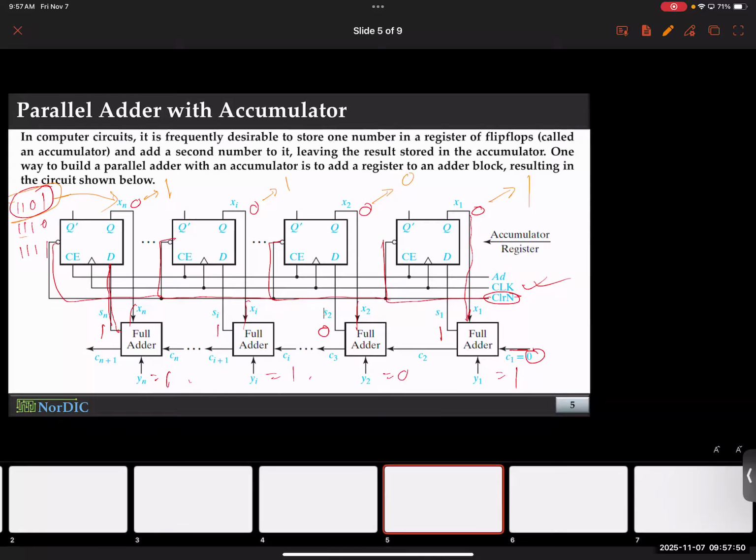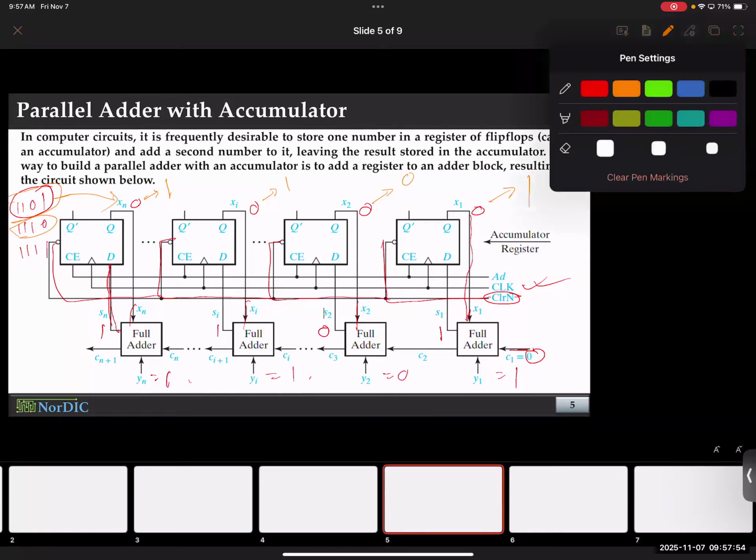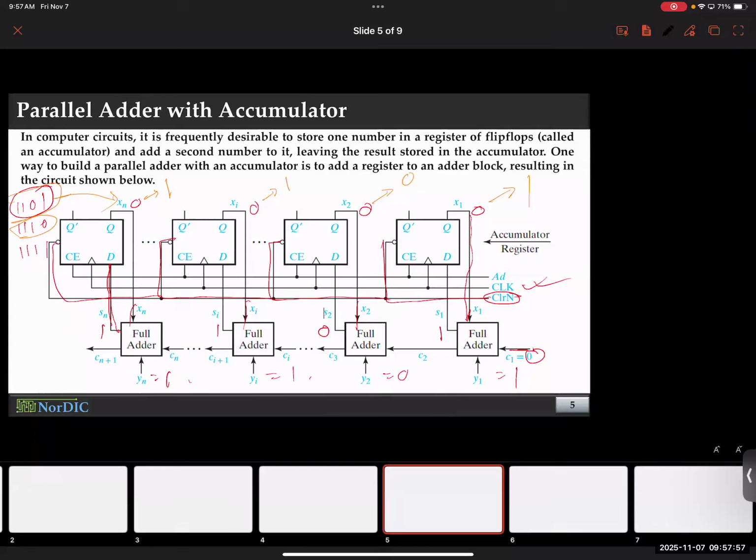How about the next number? For the next number, you are ready now. You are just gonna set them to, say, the next number is 1, 1, 1, 0. Set them to 1, 1, 1, 0.